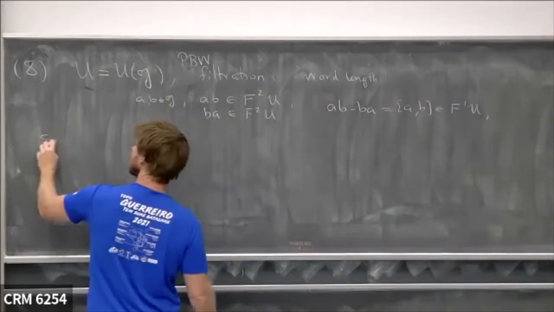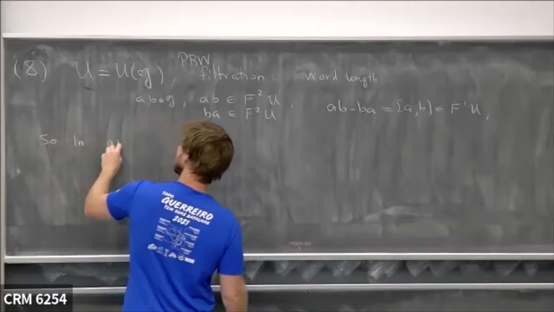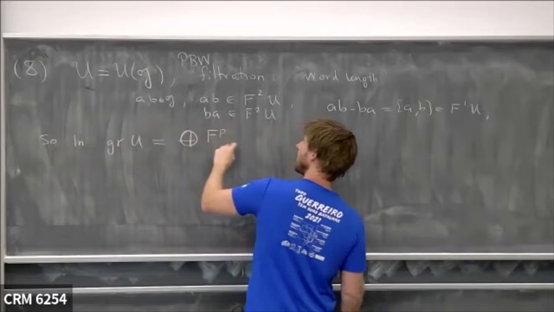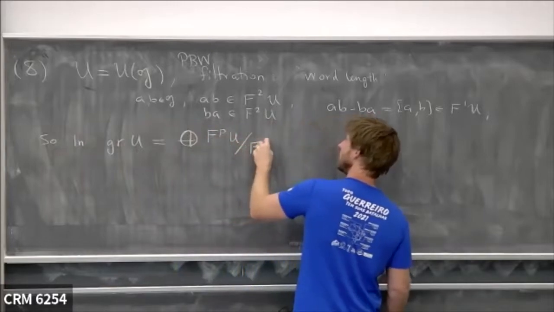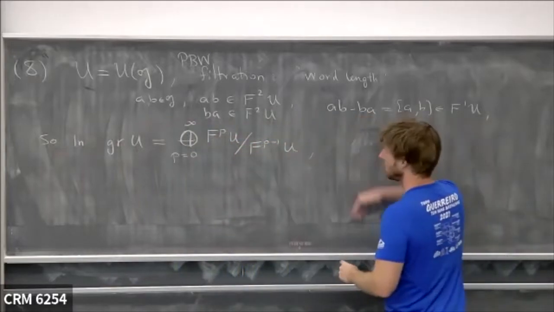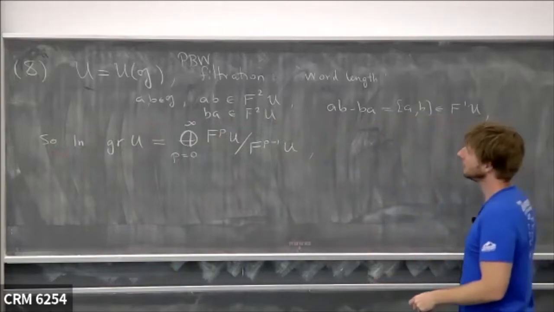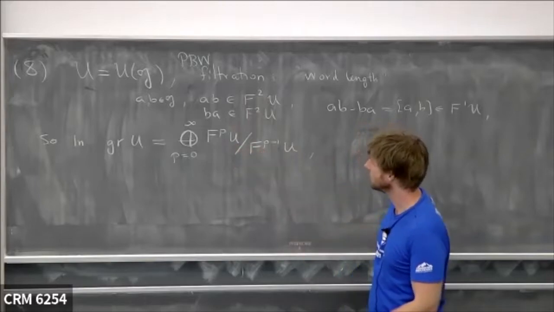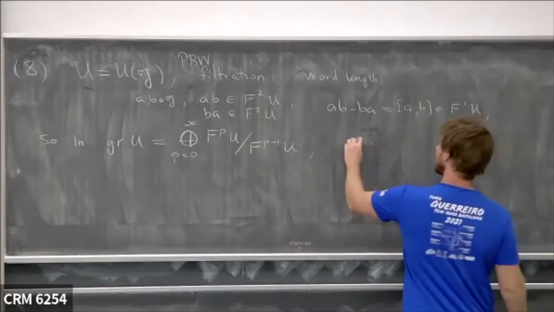So in gr U, which means the sum of F_p U over F_{p-1} U. You think of every element as living in some piece, and then you consider it modulo this piece of lower degree.